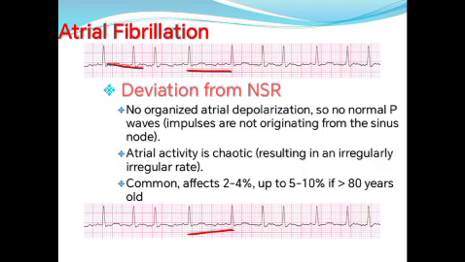Some of the impulses will conduct to the ventricle and give us the QRS complex. The conduction is very irregular, so the RR intervals will not be equal. You see them here. So this is atrial fibrillation. You can easily diagnose it: there is no normal P wave, and the RR interval is irregular.